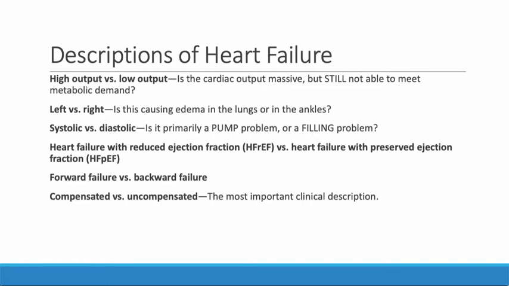So we have these different descriptions of heart failure because it helps us to sort of classify things in our head. So high output failure would be something like pregnancy, where you have this massive increase in blood volume, but you're a little anemic, and so your heart has to work a little faster to deliver oxygen to the body, right?